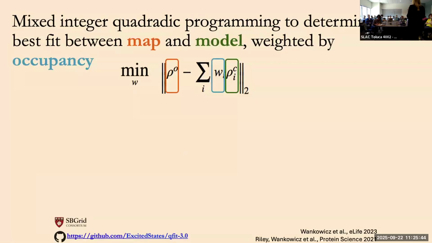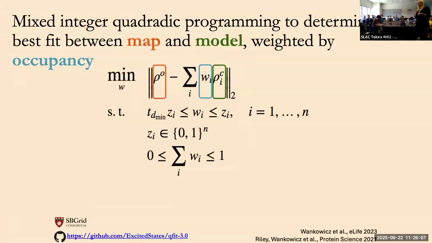For the most part, because of the ways that we are sampling currently, we over-sample. And so we rely on this optimization algorithm to be able to zero out many of these conformations. This has worked, but it is becoming very computationally intractable.